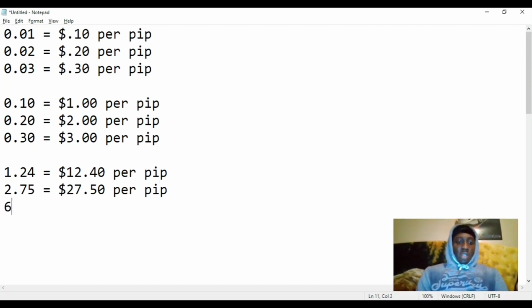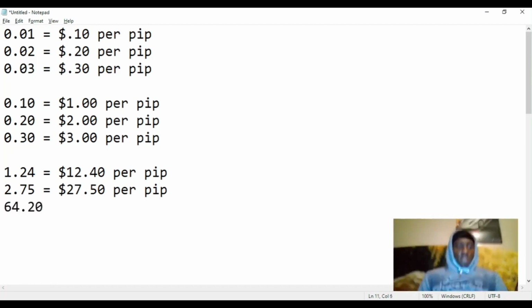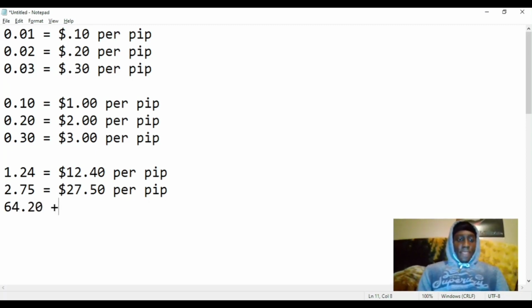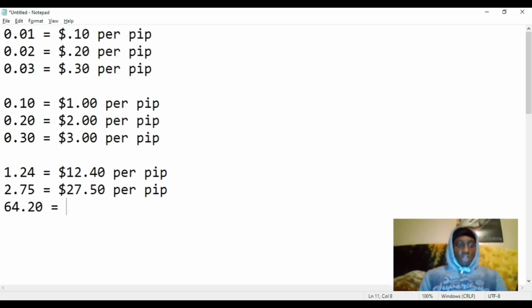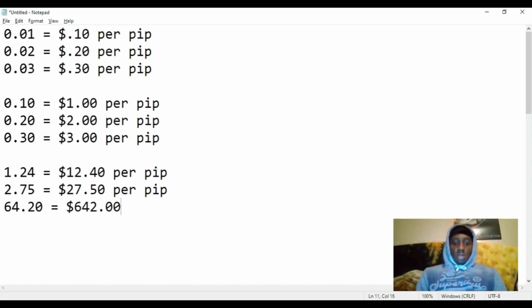Now, let's do one more example. What is a 64.20 lot size? This was the lot size. How much money would you be investing per pip? Same thing. No difference. The decimal point over to the right one time. You would be using $642 per pip.